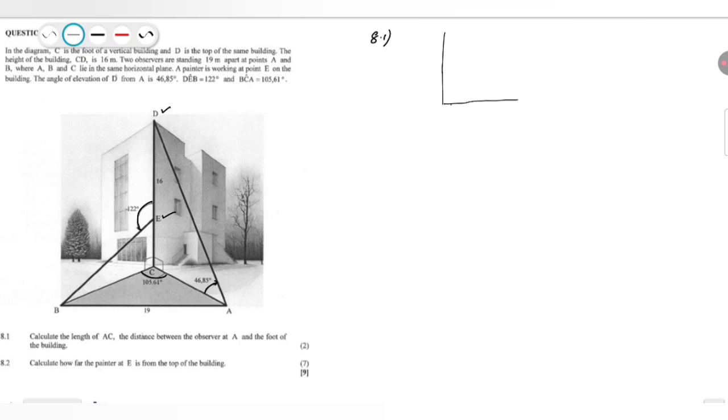ACD, where CD is 16, that is given. AC you have to find, and this angle is 46.85. On a right angle triangle, if an acute angle and one side are there, you can find anything that is missing.